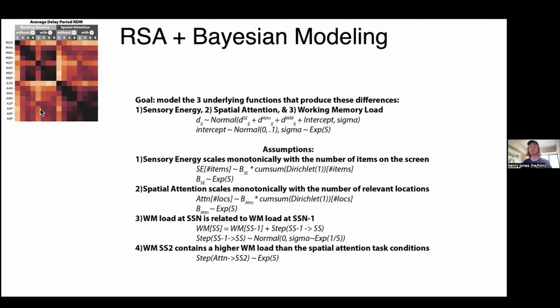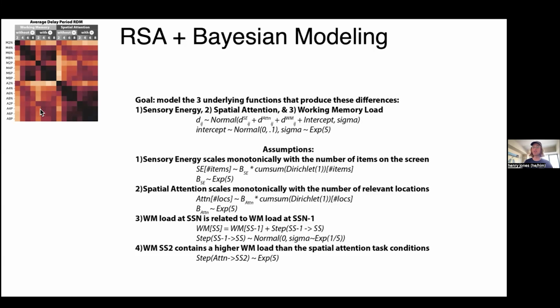But you can loosen that by increasing the width, the sigma of the steps. And then the other constraint is that working memory load at set size 2 in the working memory task is higher than the average of the spatial attention tasks, which are all treated as the baseline load 0 condition.